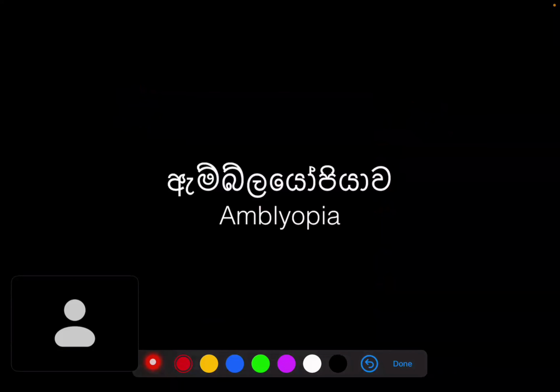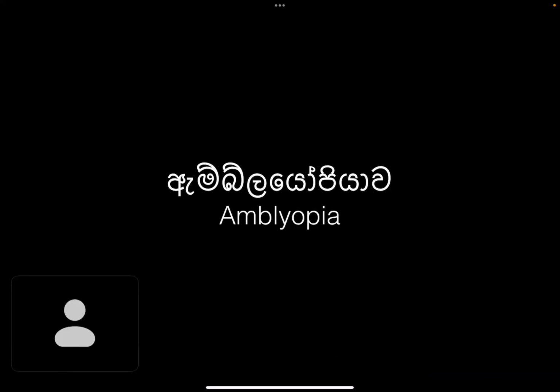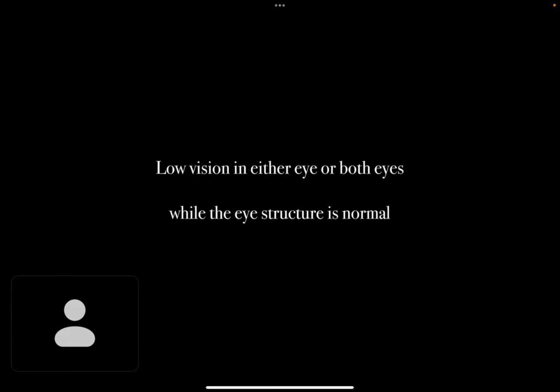Then we come to another topic called amblyopia. Amblyopia means low vision in one eye or both eyes while the eye structure is normal. You see this in children who have not had their eyes checked in childhood for problems, and when you check later in their teenage or adult lives, you examine the eye for cataract or anything else, but you can't see a problem in the structure.